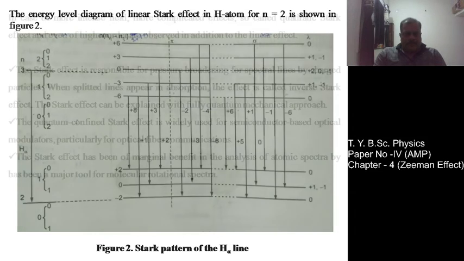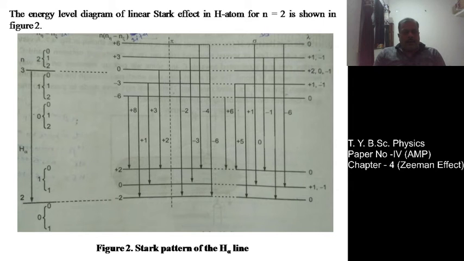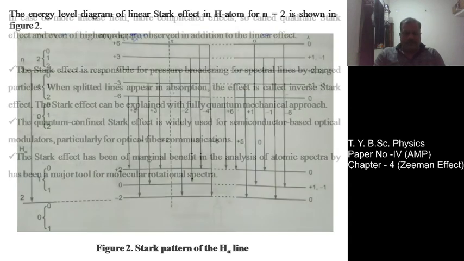In the case of a more intense field, more complicated effects, the so-called quadratic Stark effect and even higher orders, are observed in addition to the linear effect. In this diagram, the left hand side shows the principal quantum number and then two spectra will be shown. This is the hydrogen atom. N is equal to 2. That's why two spectra will be given.